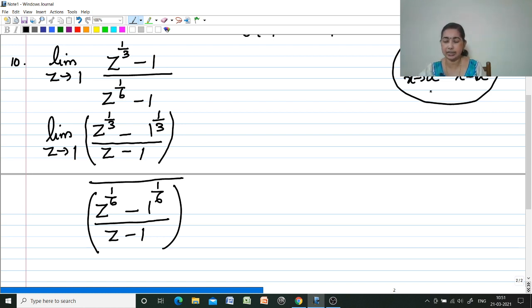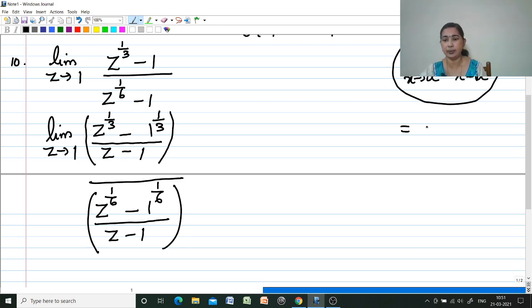The standard result: limit x tends to a, (x raised to n minus a raised to n) by (x minus a) is equal to n a raised to n minus 1. In the same way, for limit x tends to a of f of x by g of x, we can apply the limit separately in the numerator and denominator.